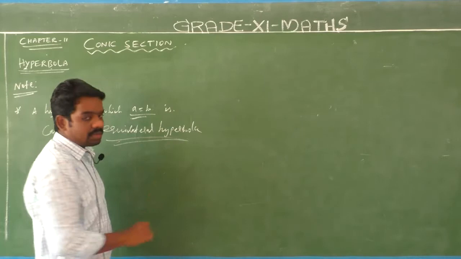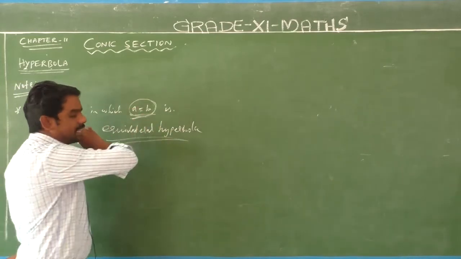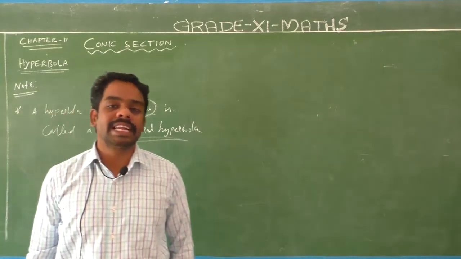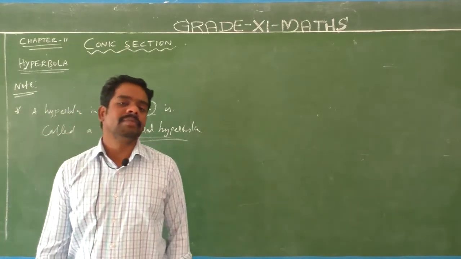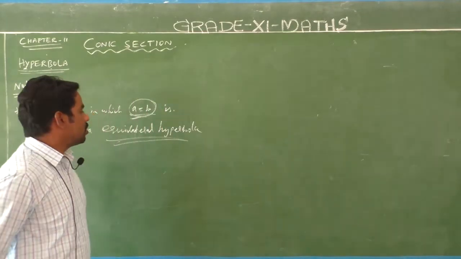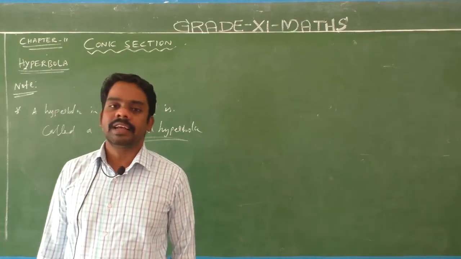Listen, a hyperbola in which a equals b, that is, the length of the semi-transverse axis and the length of the semi-conjugate axis are also the same, is called an equilateral hyperbola.